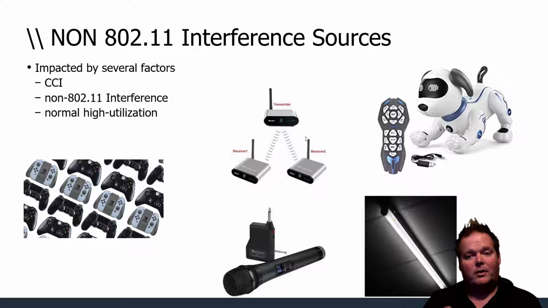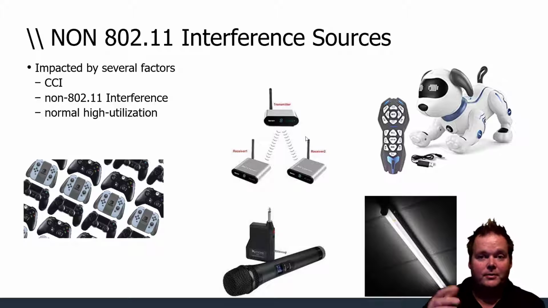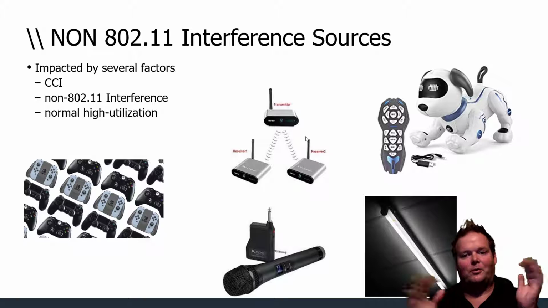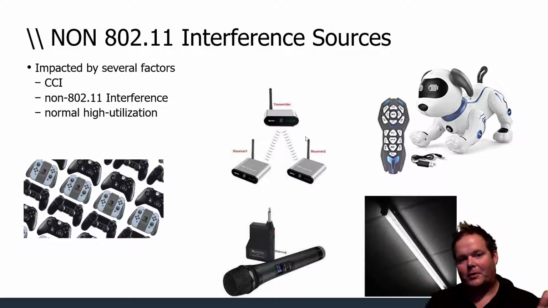Remember, Wi-Fi uses unlicensed frequencies. The point of that is that they're frequencies that anybody could use, not just Wi-Fi, for industrial, scientific, and medical reasons, or for the unlicensed national information infrastructure reasons, which is basically anything you want to do up to a certain threshold and up to a specific frequency.